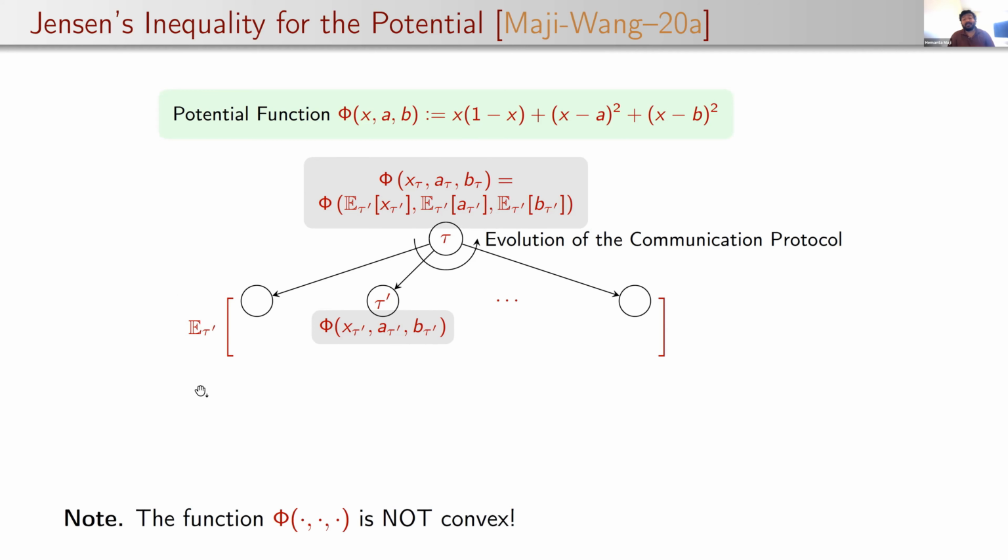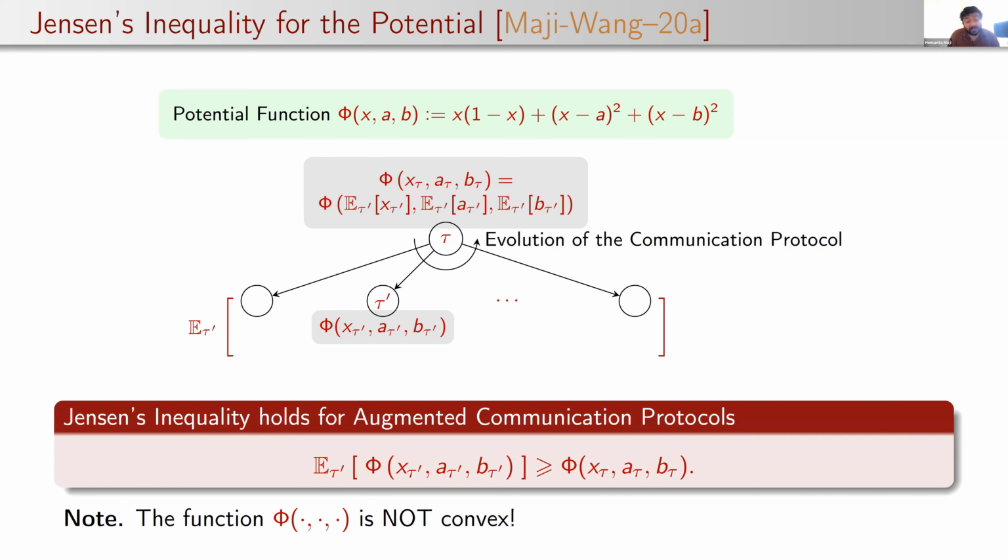However, this function is not convex. In fact, there are values that one can assign to these random variables such that Jensen's inequality is false. It does not hold.